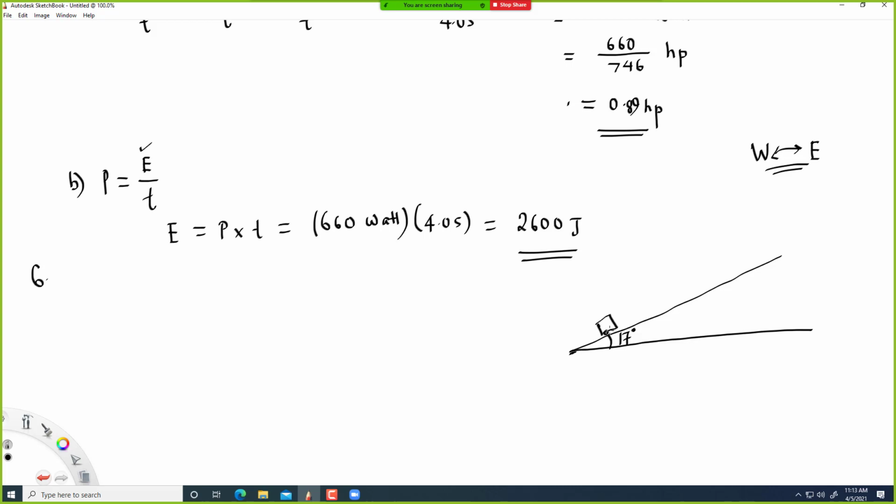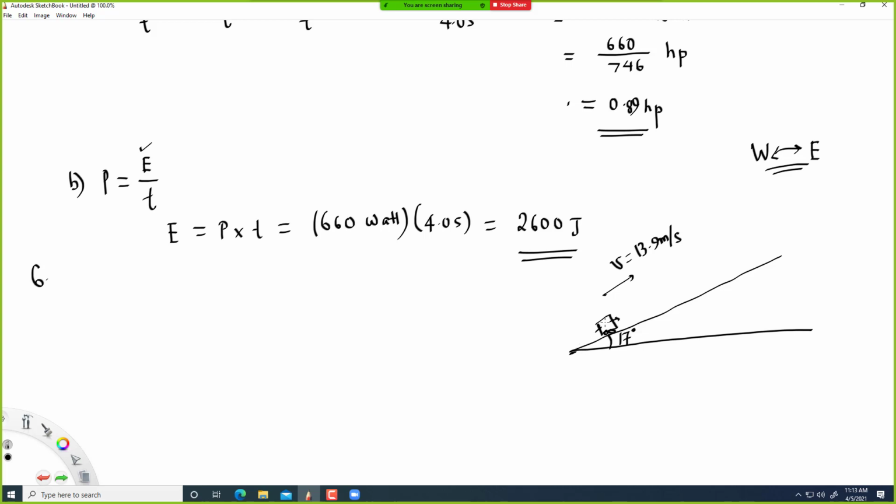Car, okay, moving up, and the car is moving at a constant speed of 13.9 meters per second. So speed is 13.9 meters per second, and it's doing work against friction and drag force. So there is drag force and friction exerted in the opposite direction.